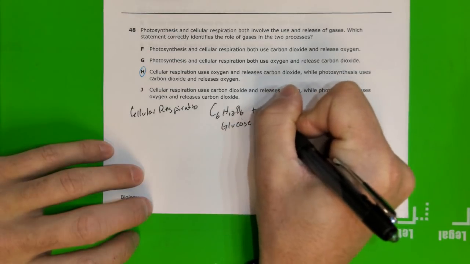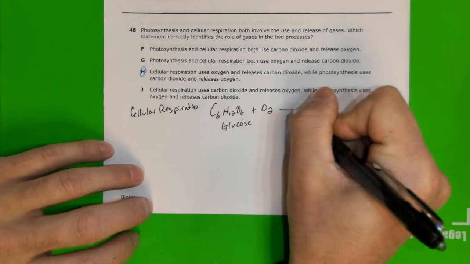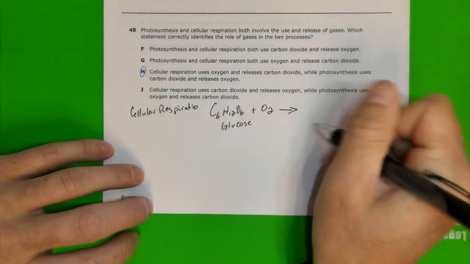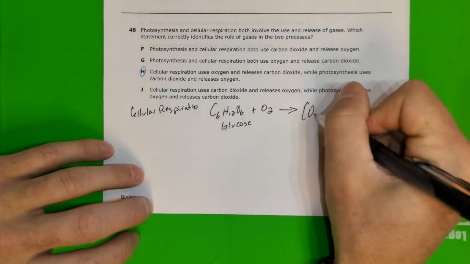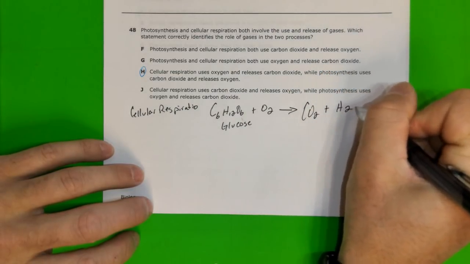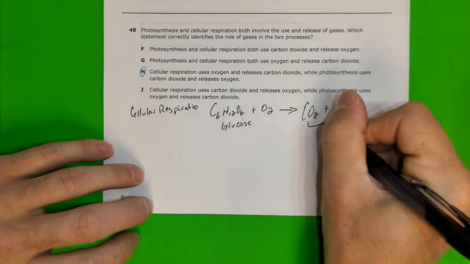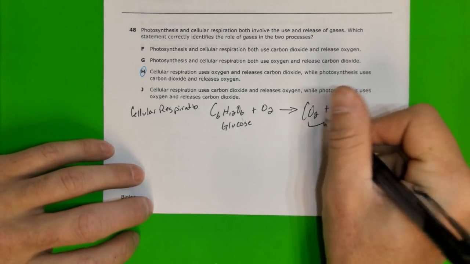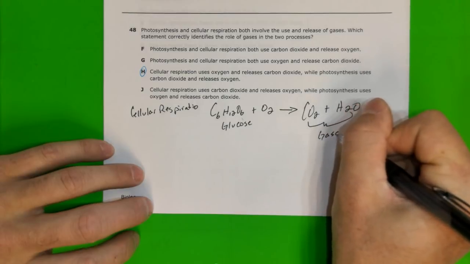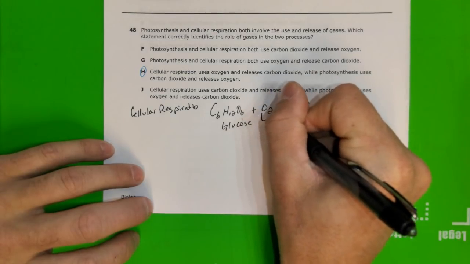We also know that we need oxygen. So when we do this, we breathe out carbon dioxide and water vapor. So these are our gases, right? And this is also a gas.